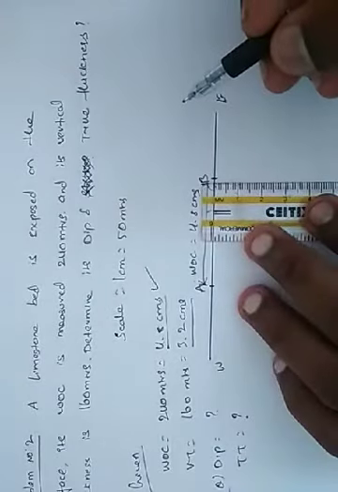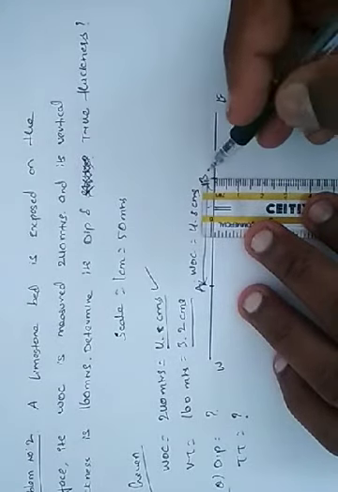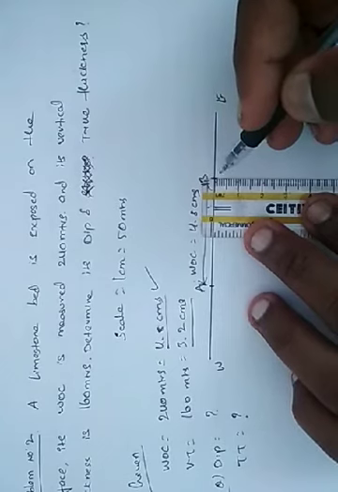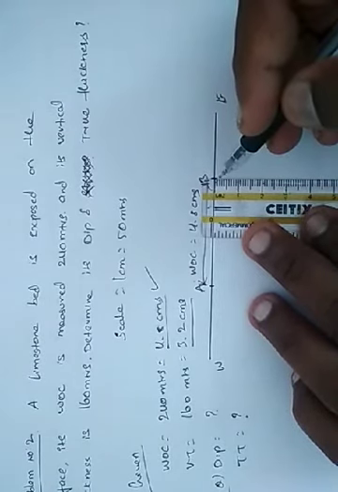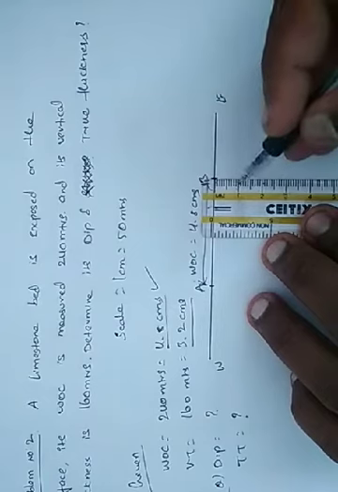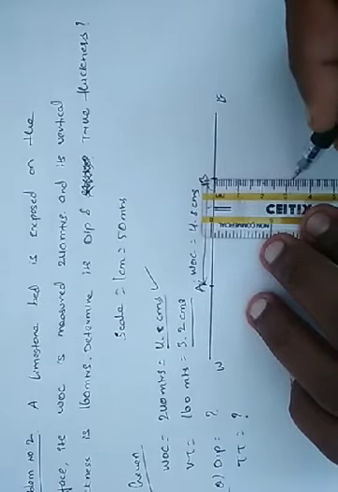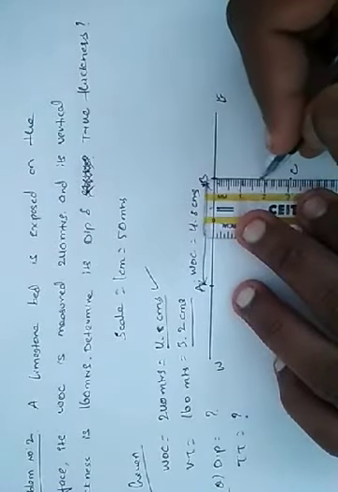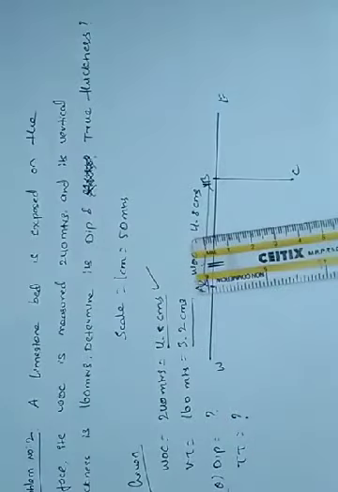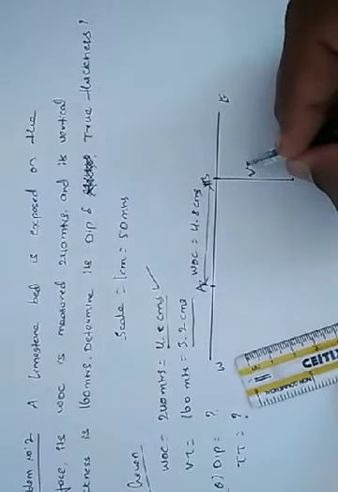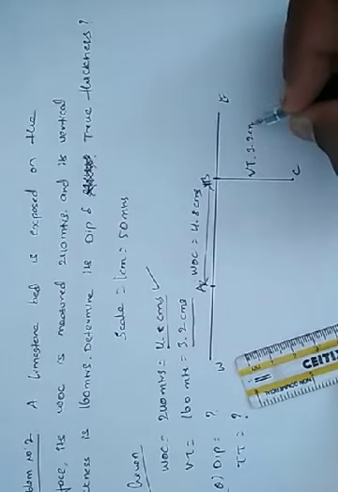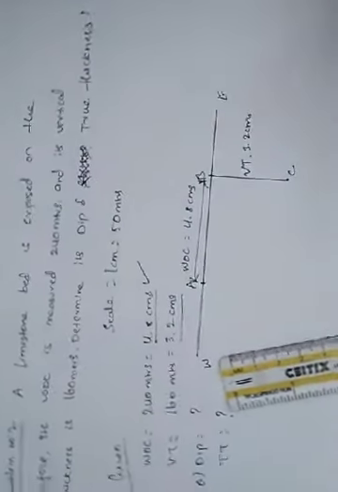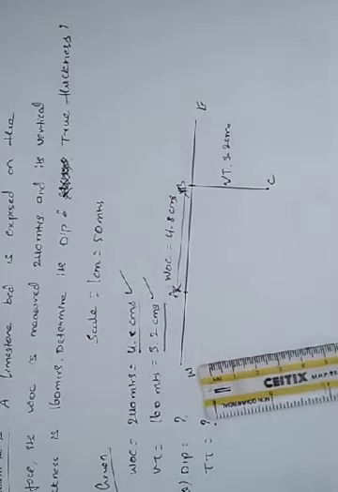So we will use our scale and place it on the point B, and mark exactly 3.2 centimeters, and I will mark this point as C. Now I will draw a line joining B and C. So this is VT, 3.2 centimeters. These are the given values, and with the help of this we need to determine the dip and TT.